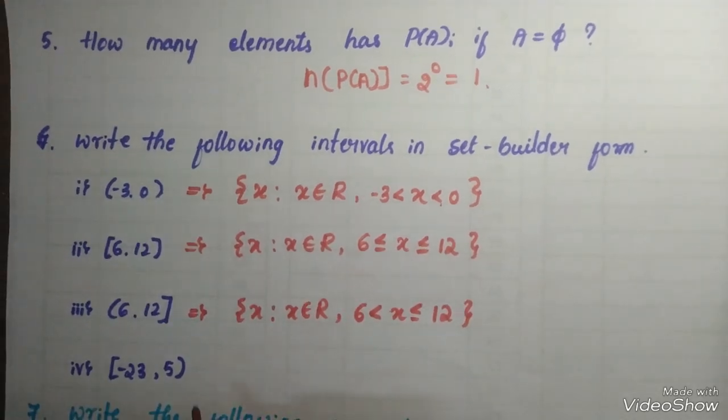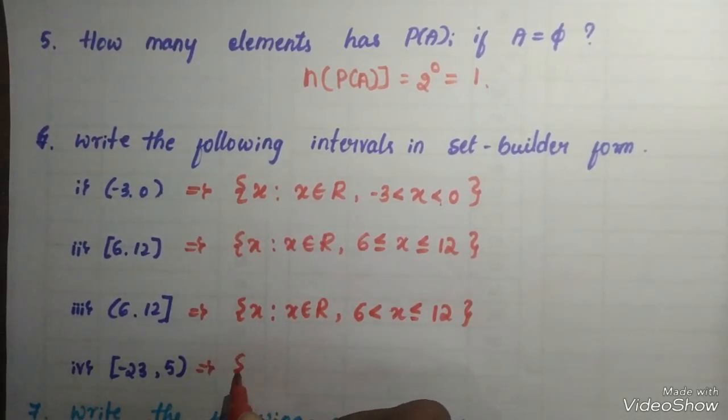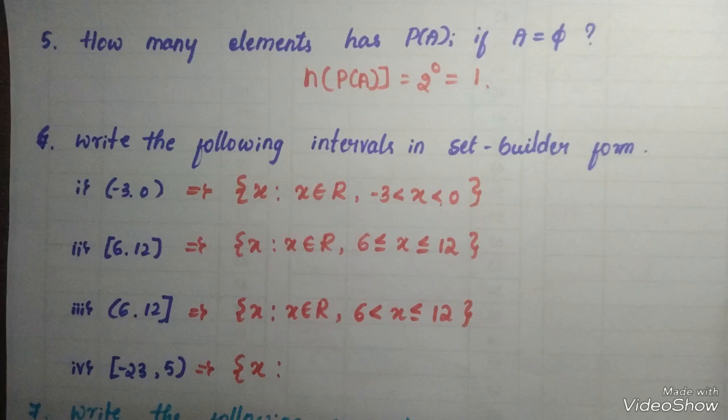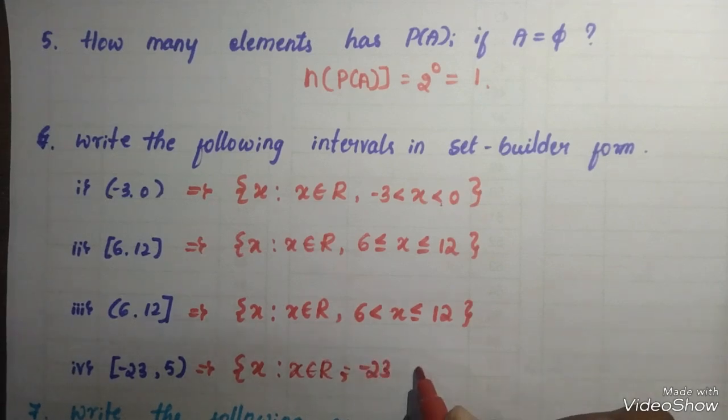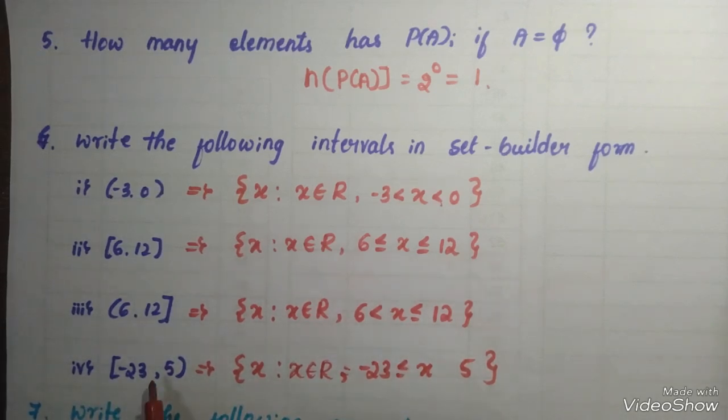Next, x such that x belongs to the real numbers, then minus 23 x 5. Write the symbol here. There is a closed interval, therefore it contains less than or equal to. Here open interval, that is less than condition.